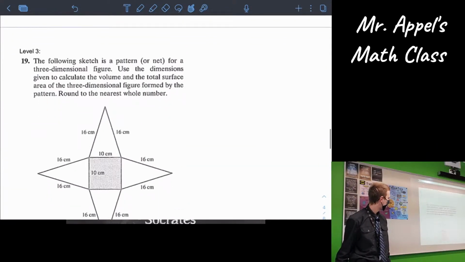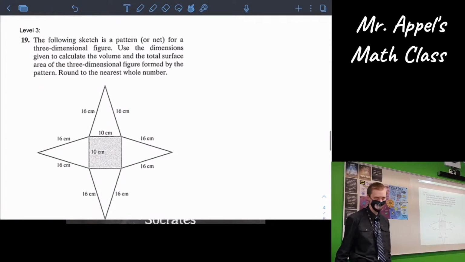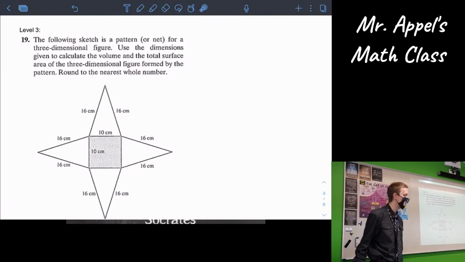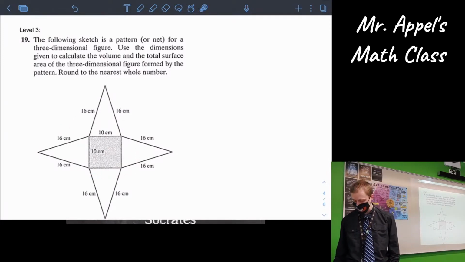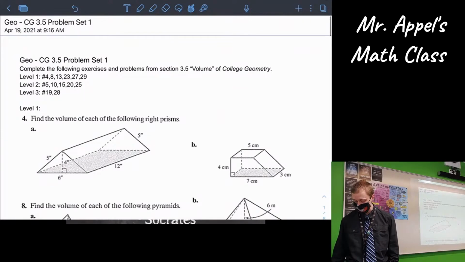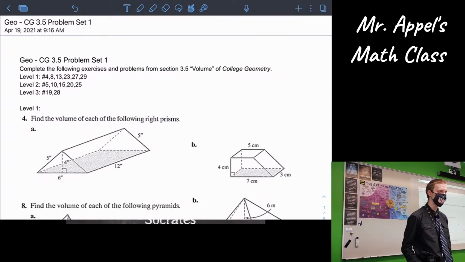And the level 3 one is extra tricky because finding the actual height of this pyramid might be a challenge. So if you want to challenge yourself in 3-dimensional thinking, try that one. And then we'll have more application questions on Wednesday's problem set.